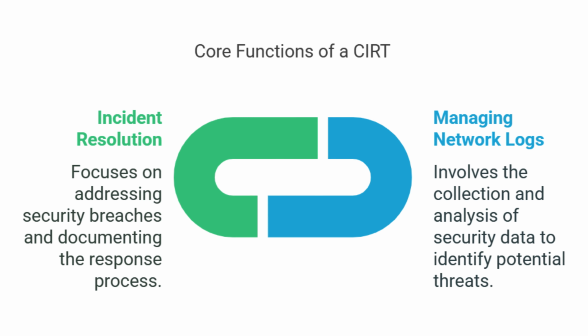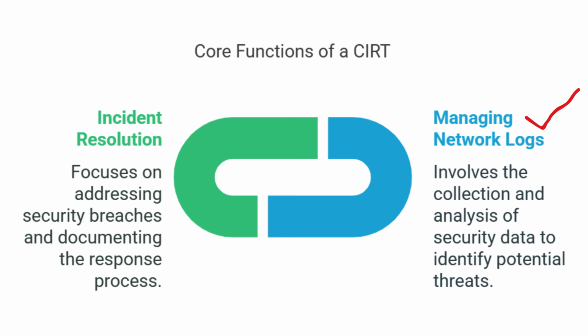Beyond responding to incidents, CIRTs are also responsible for managing network logs and security data, as security teams rely heavily on logs to understand what happened during an incident. The CIRT is in charge of collecting, storing, and analyzing log data from firewalls, intrusion detection systems, and other security tools.